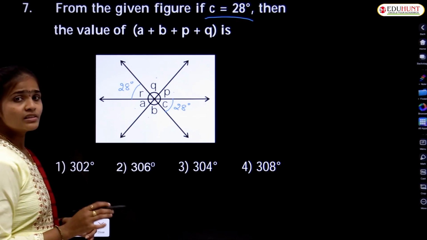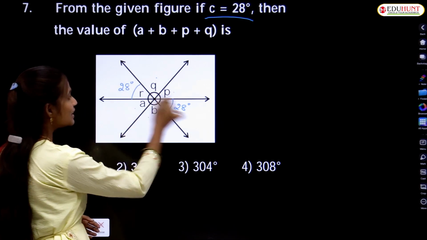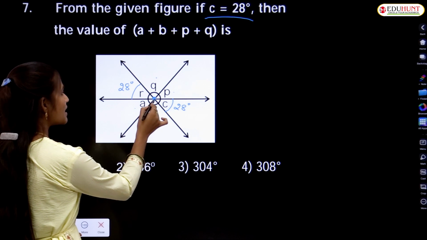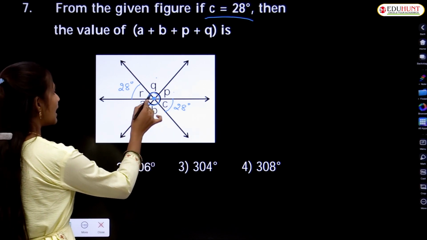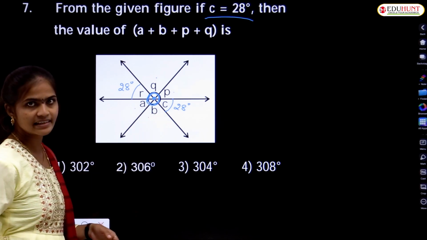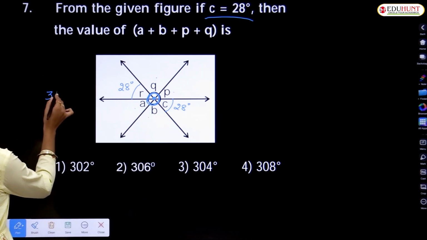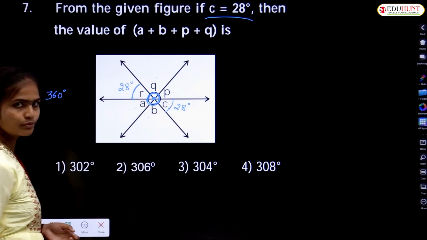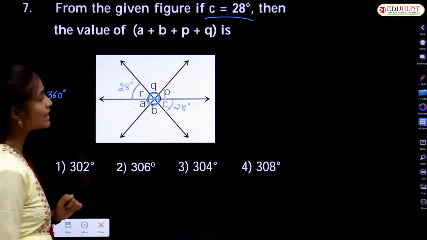Okay. Now we have to say one thing. Actually here we have three lines passing through the same point. So at that point the total angle is equal to 360 degrees. Right? We know that at a point the total angle is equal to 360 degrees. Clear? Already they have given these two angles, C and R, we already know that. Now what are they asking here?